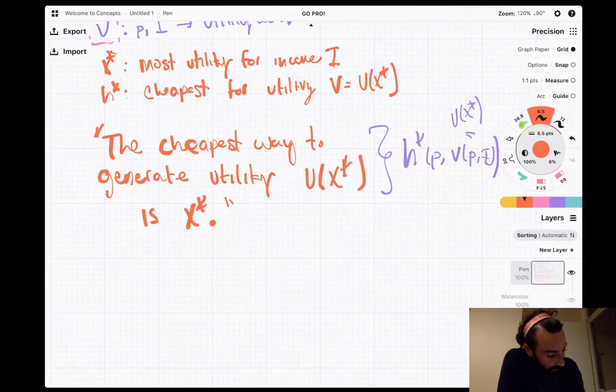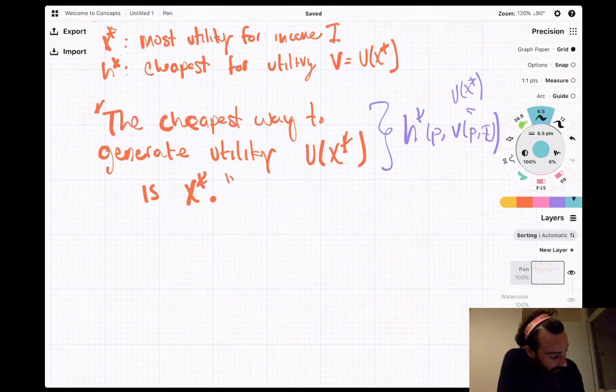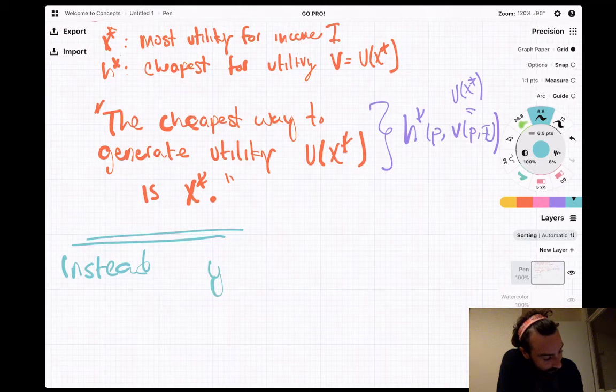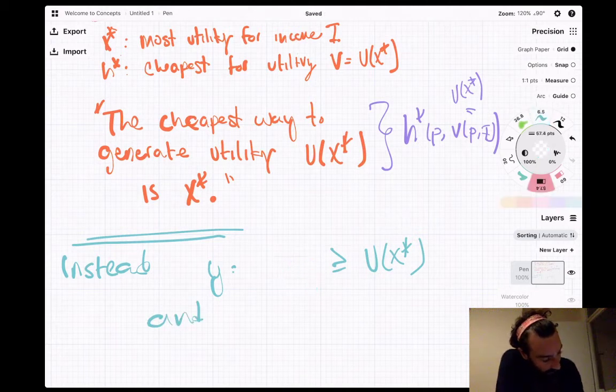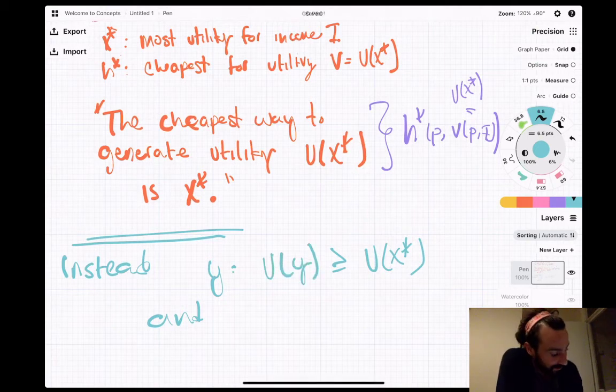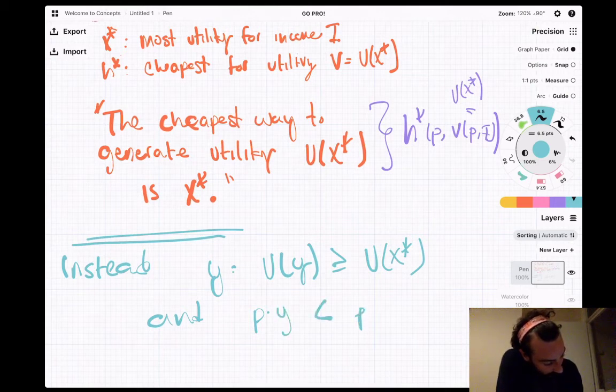So instead, imagine there was some Y such that U of Y is greater than U of X star, and P dot Y was less than P dot X star.